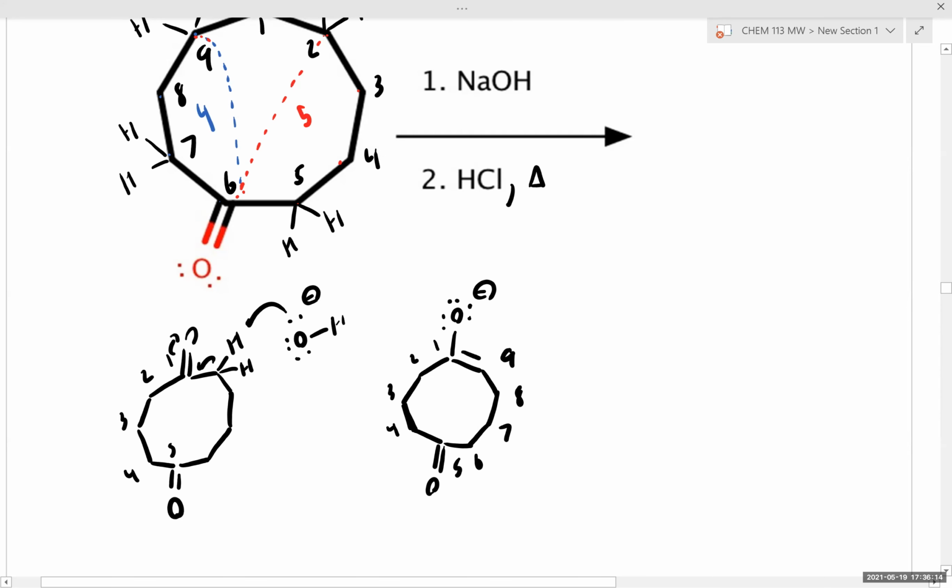Is there an electrophilic atom in this molecule that our enolate can react with? Exactly right. This enolate can react with our electrophilic carbonyl carbon. And now I'm going to note that we're going to form a 5-6 ring system.